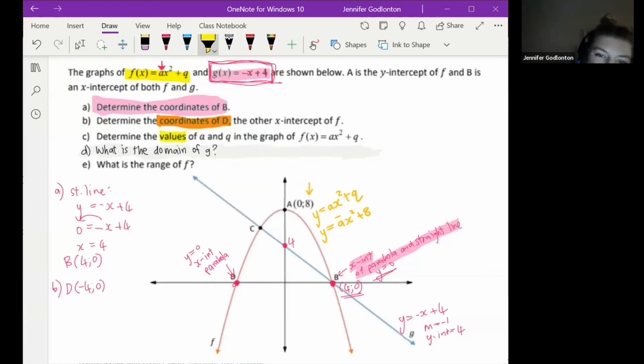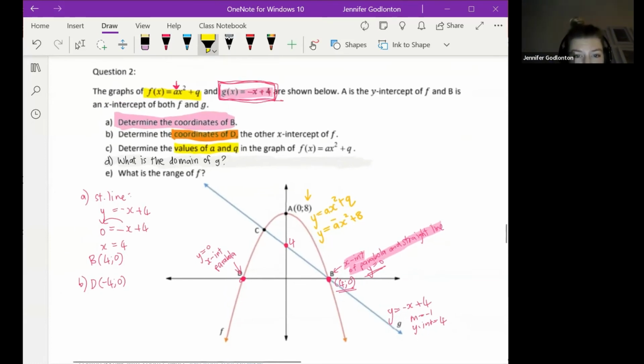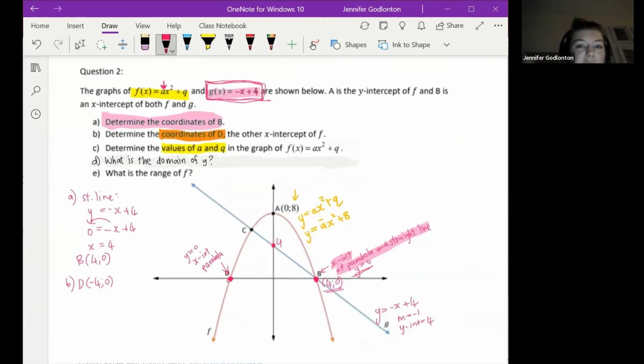Determine the values of A and Q. Now, we've already done some of that because we're brain buffs, okay? So we actually already know that Q is equal to 8. We figured that out right in the beginning. So we already know that our equation is y equals ax squared plus 8.